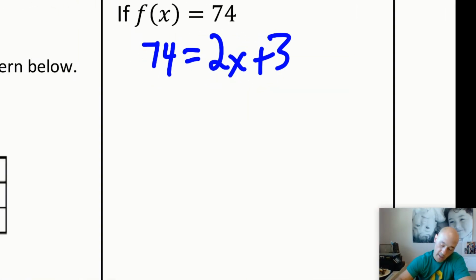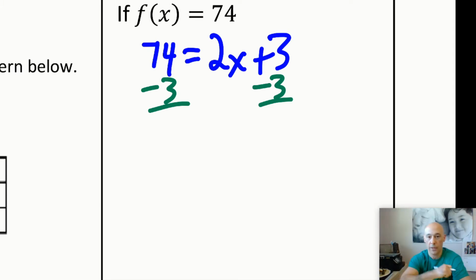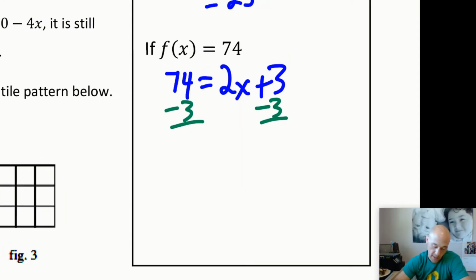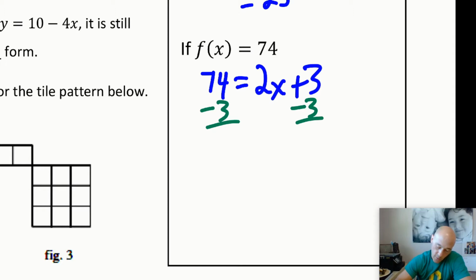And now we can solve that equation by isolating the x. So we subtract 3 from both sides, and we get, well, this was not a good example at all. It should have been 75. And the reason why I know that is because I'm going to get an odd number here, which is not divisible by 2. So on the fly here, we are going to change this to 75. And I'm going to change this to 75.